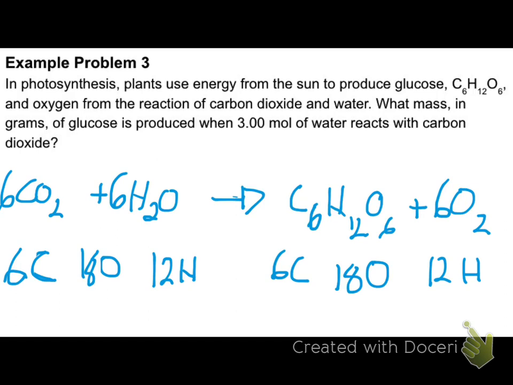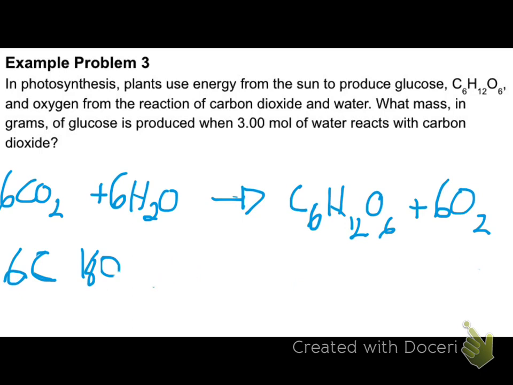So this equation right here is the one we are going to want to use to get our molar ratio for the next half of the problem. So I'm going to erase the equation off of my screen in a moment, but before I do that, let's identify what 2 substances we are converting between so we can get that molar ratio.